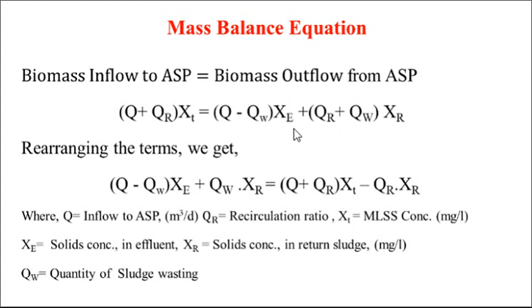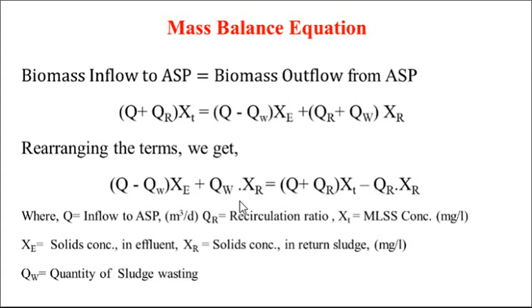Rearranging the terms in the above equation, we can write (Q minus QW) into XE plus QW into XR is equal to (Q plus QR) into XT minus QR into XR.